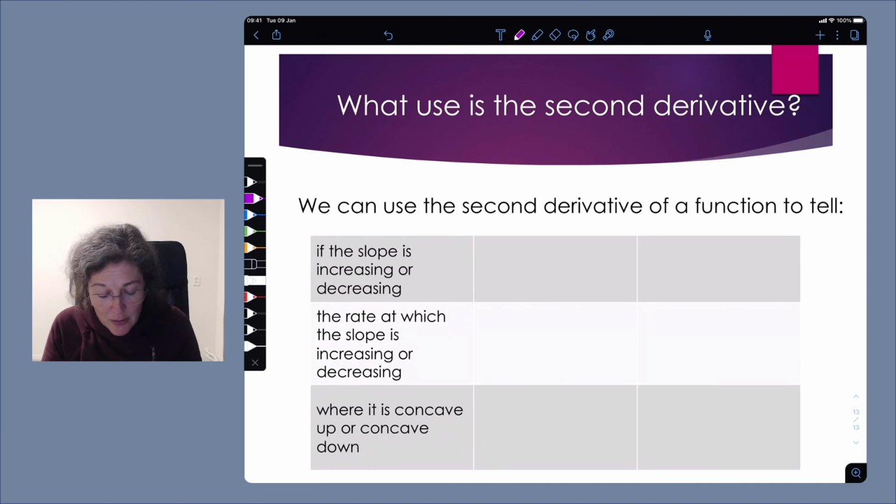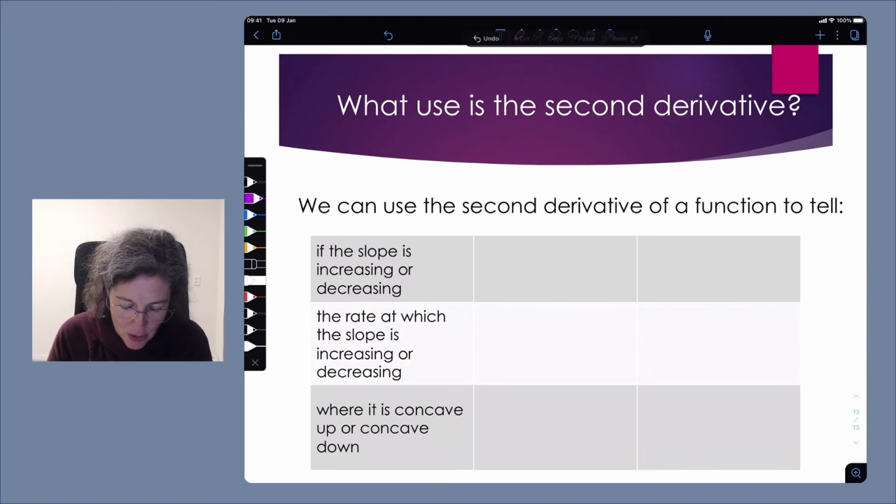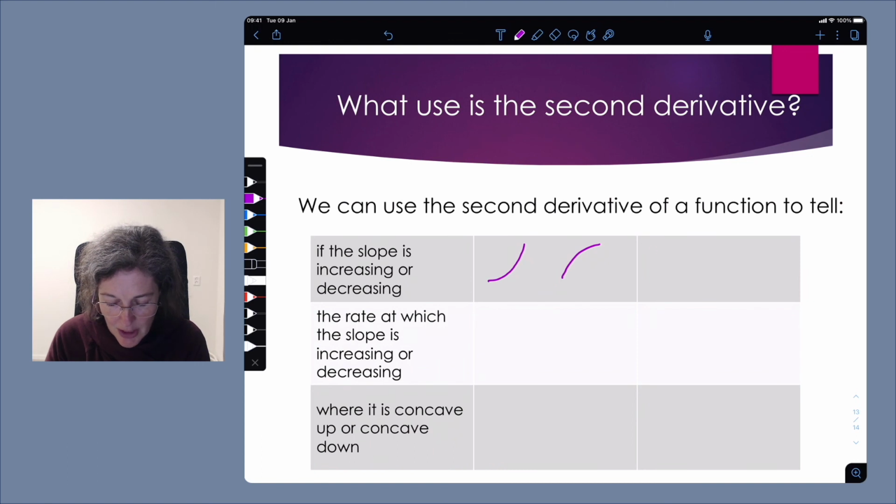So our second derivative tells us if our slope is increasing or decreasing. So it tells us if our function is getting steeper or less steep. Or if we're thinking about a decreasing function, is it negative but getting less negative, or is it negative and getting more negative? These are things that the second derivative tells us.